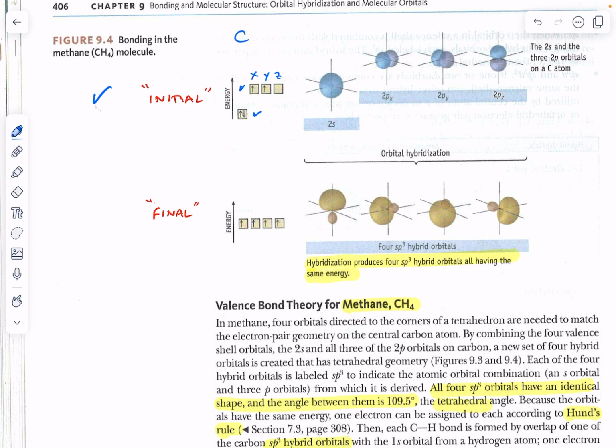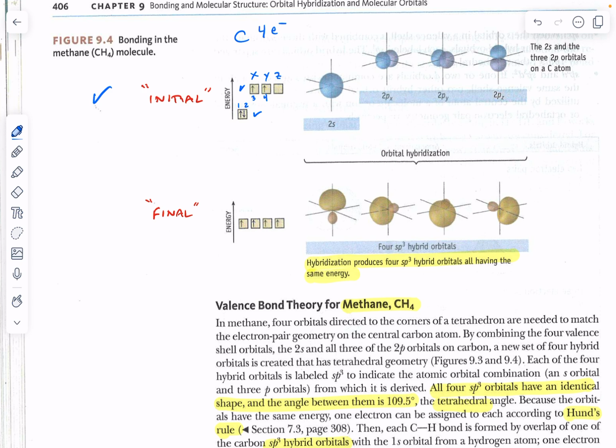Remember, carbon is going to have 4 valence electrons. So there's your first one, and there's your second one, and now you filled up the 2s subshell, and so you put the third one there and the fourth one there. Remember, monopoly, you have to put 1 electron in each of the 2p orbitals before you can pair them up.